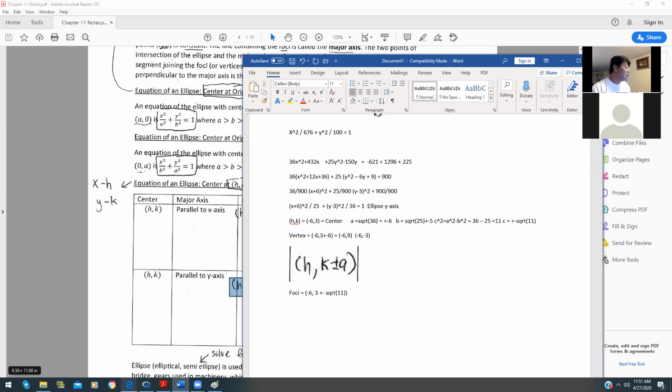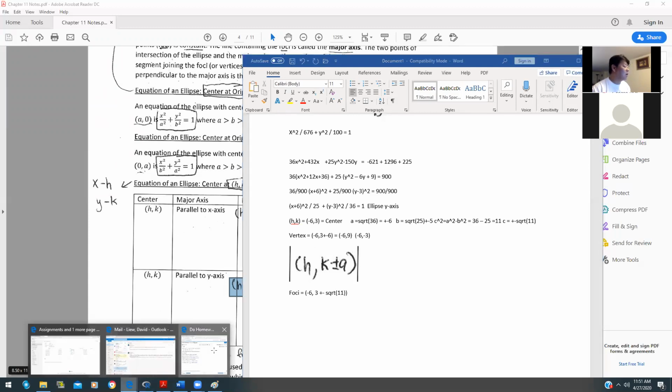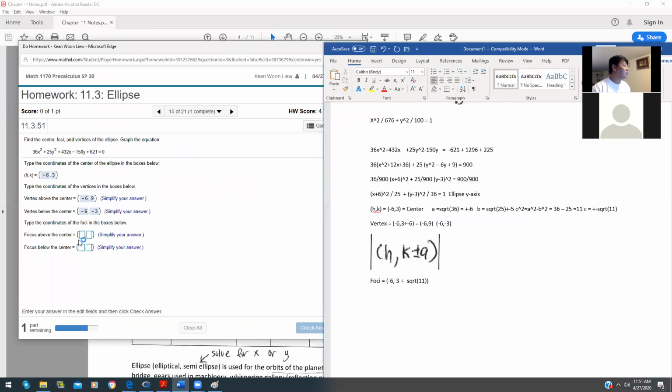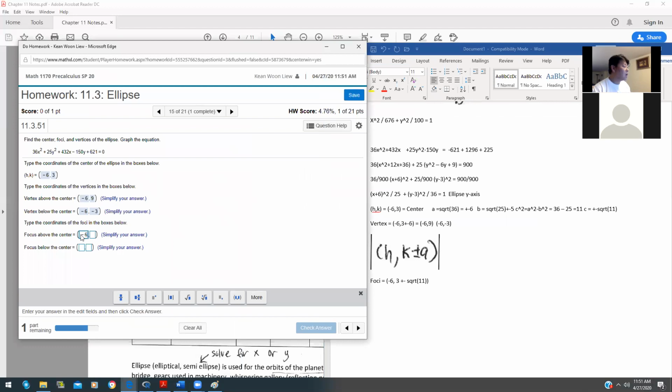The foci will still have -6 here, and 3 is above, so it's plus square root of 11. And then the other is -6, 3 minus square root of 11.